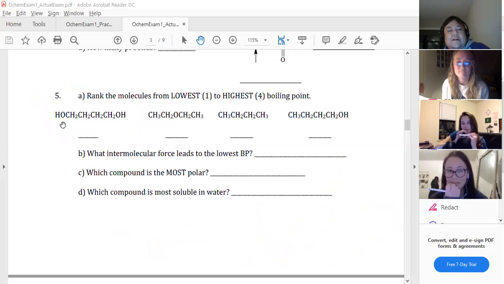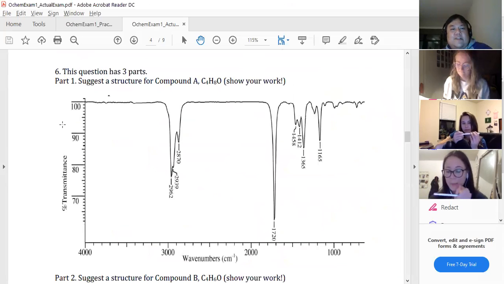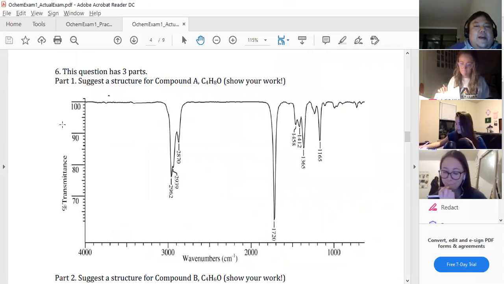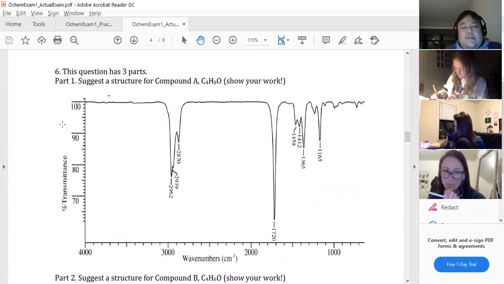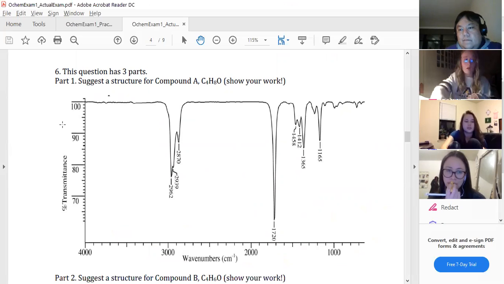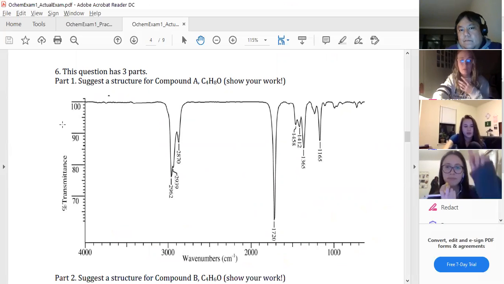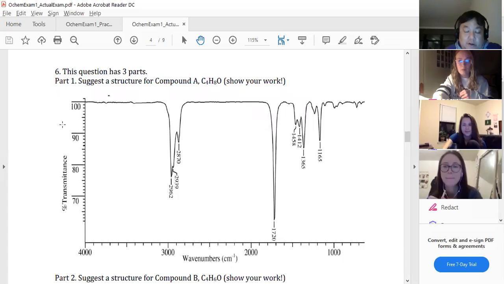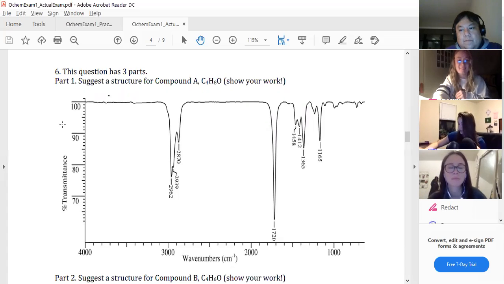So let's continue on. This question has 3 parts. Suggest the structure for A, C4H8O. What was the one thing that you guys should do for this first? Put a mark at the 3000 line? You could, but there's something even a little bit better for you: degrees of unsaturation.